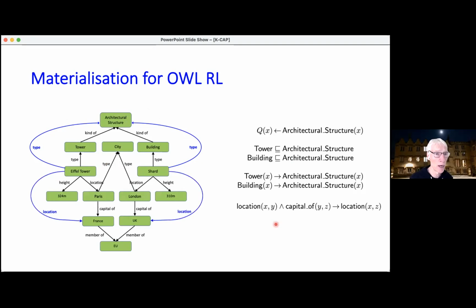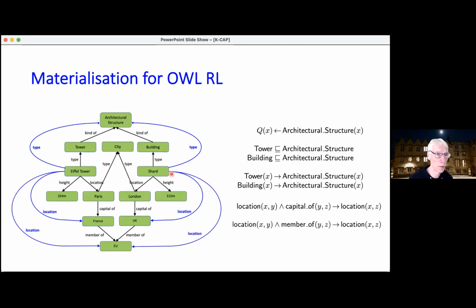I can use this process also for the more complex rules that I introduced earlier and add some additional edges that show that the Eiffel Tower is located in France and also located in the EU. And this allows me to answer my more complex question for architectural structures located in the EU.